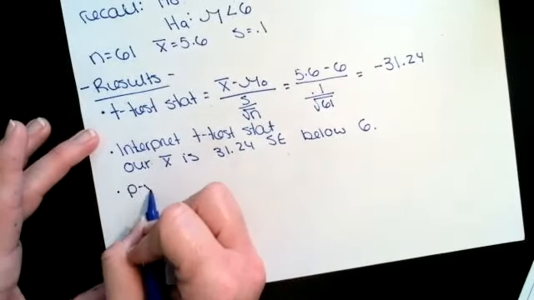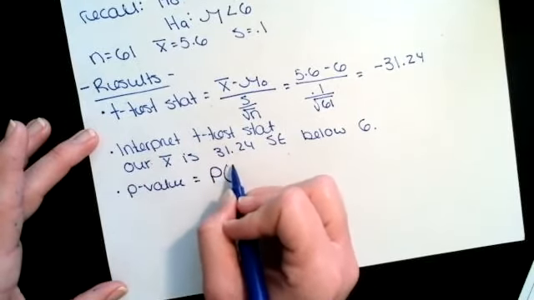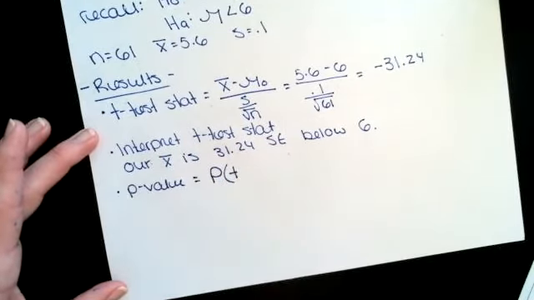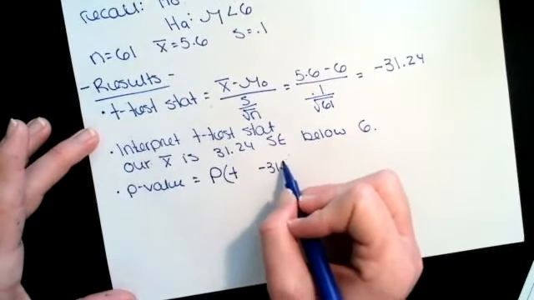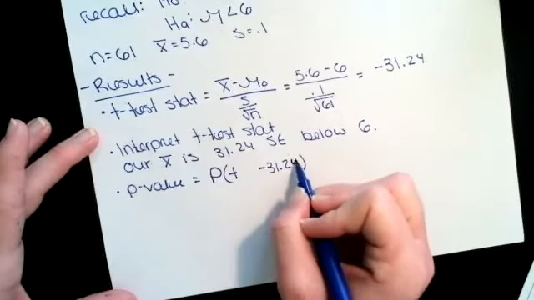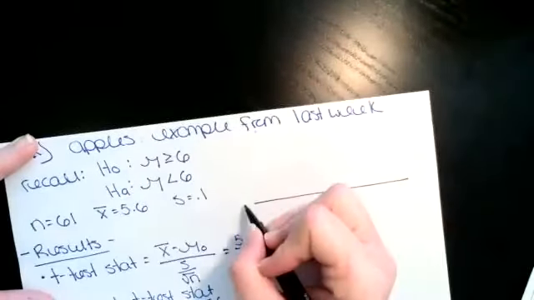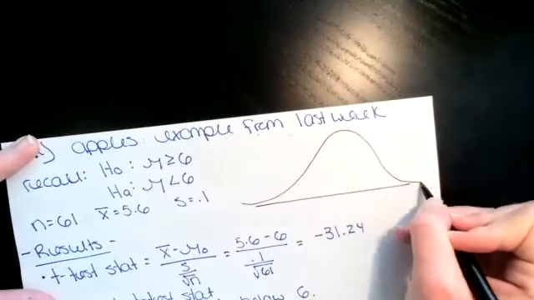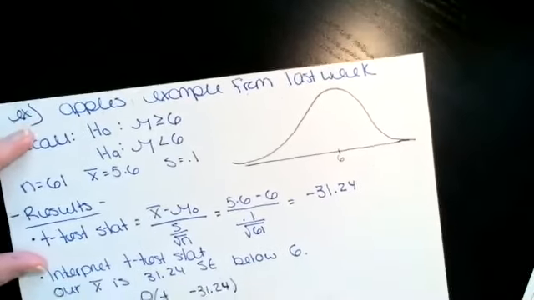So my p-value is equal to the probability of getting another t, right? And I know it's going to be compared to this negative 31.24. So let's visualize this. Let's draw a picture here. My center is 6, right?